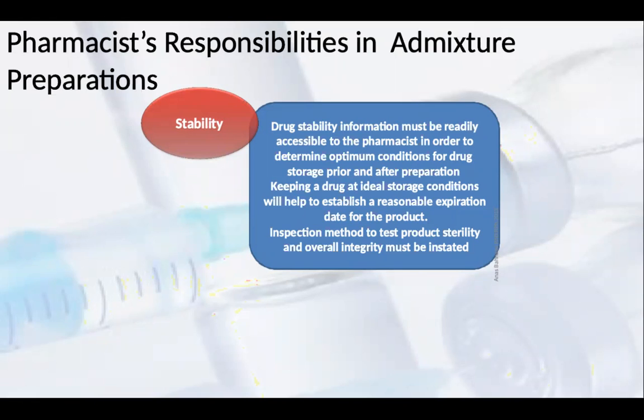Inspection methods to test product sterility and overall integrity must be stated. That's why drugs have different shelf lives. The drug which is prepared under aseptic techniques must be stable for the required period.